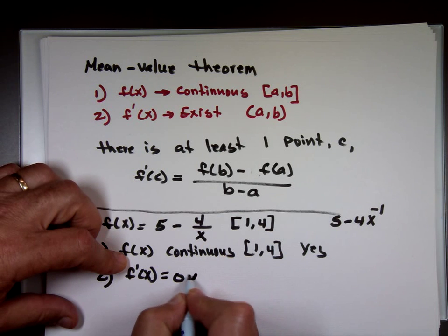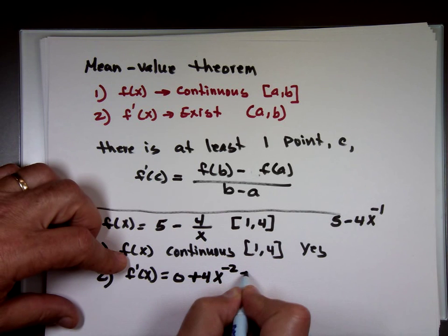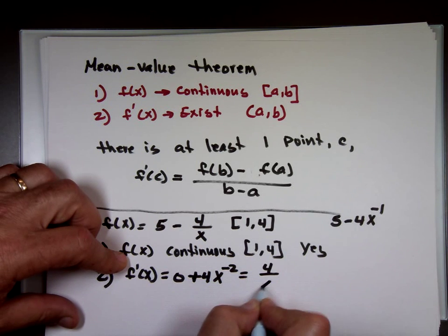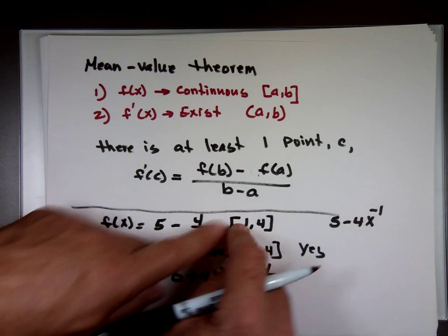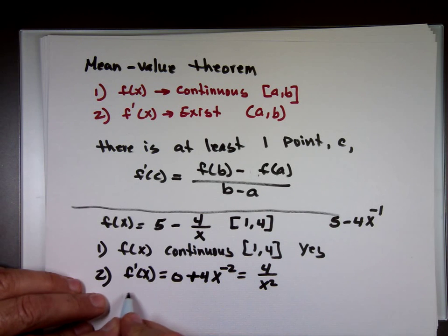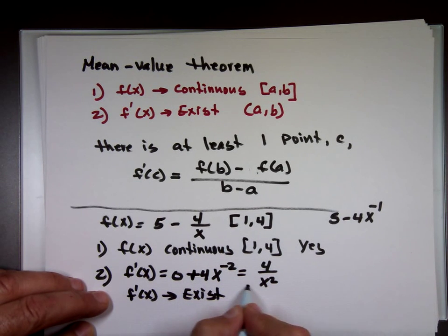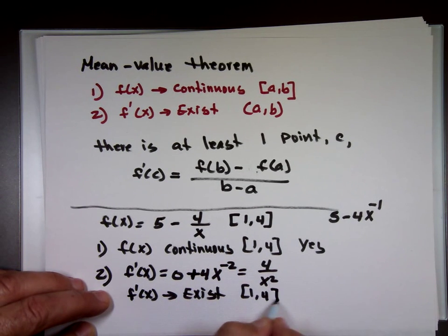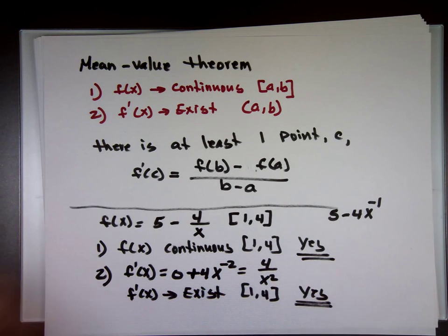Plus 4x to what power? Negative 2. That means 4 over x squared. So the derivative is undefined where? Only at 0. That's outside my limit. So does the derivative of f of x exist from 1 to 4? Yes. So we are meeting the criteria.